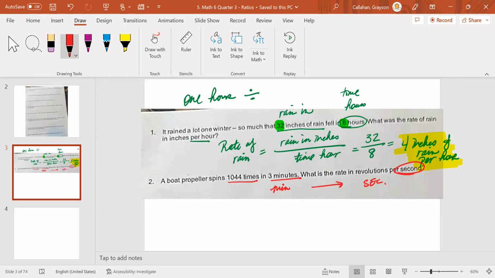Well, let's first convert minutes to seconds. 3 minutes equals how many seconds? That's what you need to do first. You know that 1 minute equals how many seconds? It equals 60 seconds, right? So 3 minutes, what do you do then? If it's 3 minutes, what do you do with the 60?